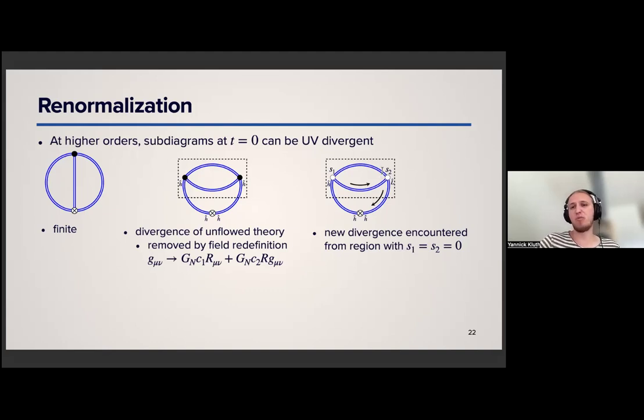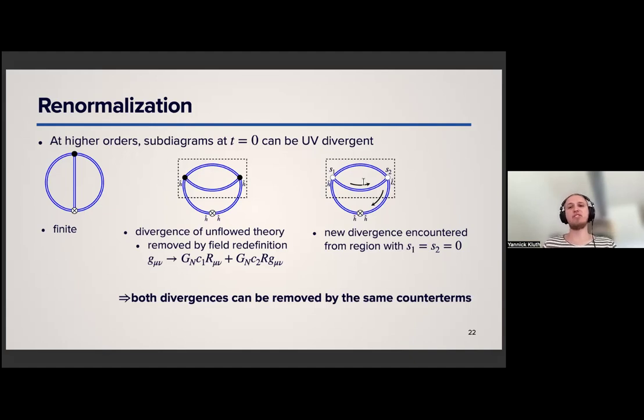And then in any diagram where we have a subdivergence of this form, we can also insert the same counterterm to remove this divergence as well. And what this tells us is that both the old divergences, the divergences in the unflowed theory of gravity, as well as these new divergences that are induced by the Ricci-flow formalism, can be removed by the very same counterterms, namely these field redefinitions that we use.